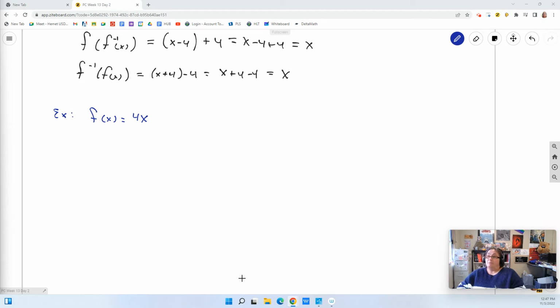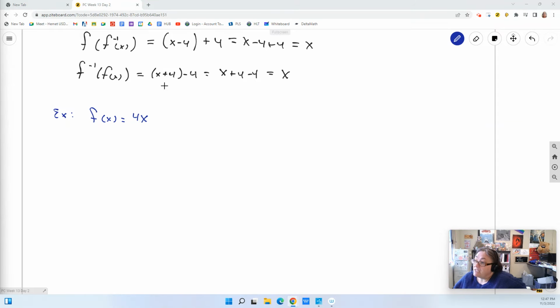Now I'm going to look at this problem and go, well, I have 4 being multiplied to x right now, right? So the inverse function, the opposite function of that would be to divide by 4, right? If I divided 4x by 4, I'd have just x left, right?